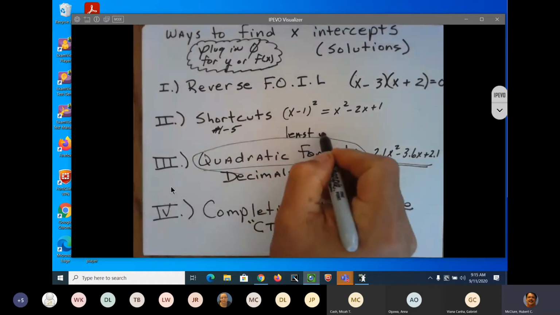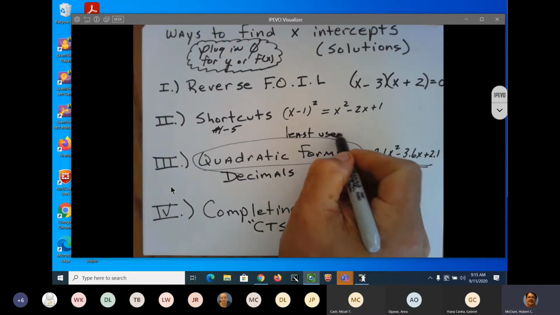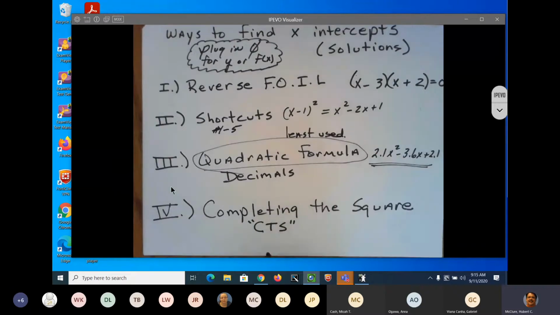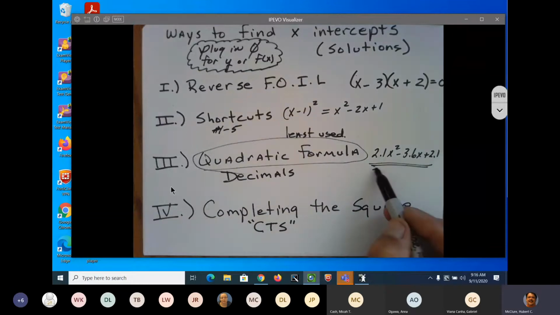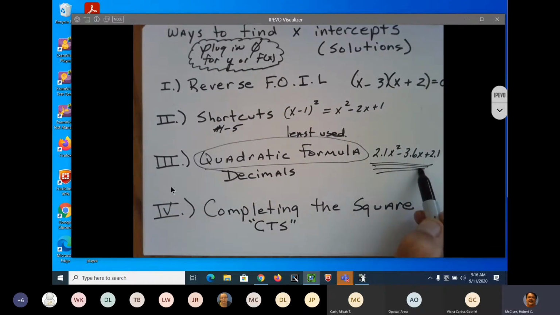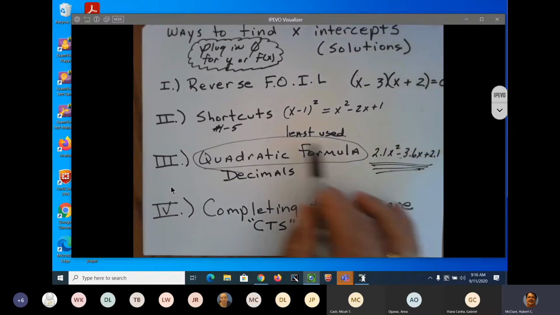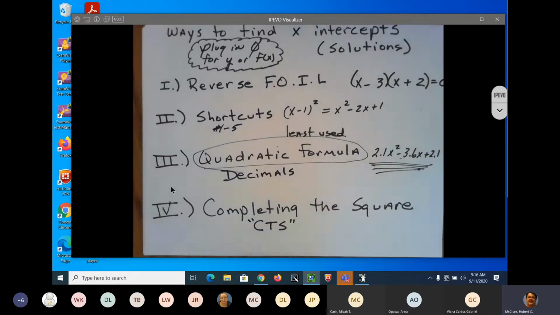It's the least used because most of your quadratics are going to be set up with fractions and whole numbers. And this is not seen very much unless you have a model or practical application. Then you would use the quadratic formula. So the quadratic formula is actually the least used of all 4.